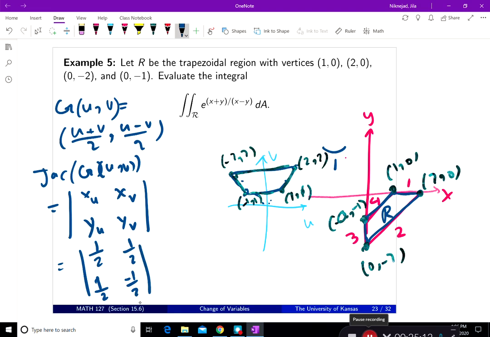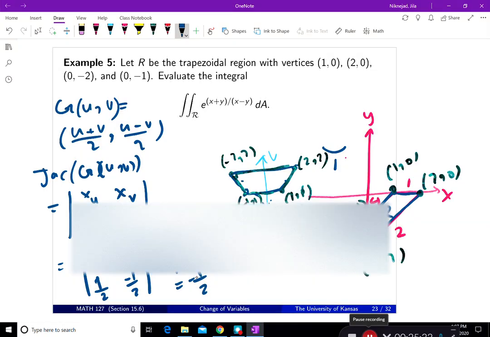And then when you multiply this together, you see that the answer is going to be negative 1/4 minus 1/4, which is negative 1/2. So that's the Jacobian. So the scaling factor has to be 1/2.